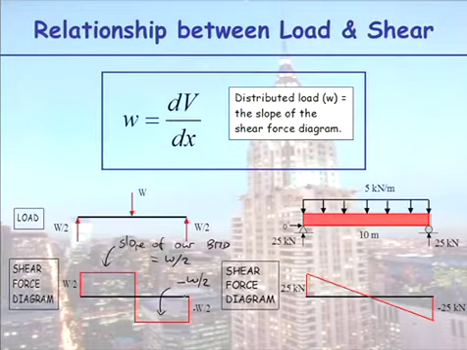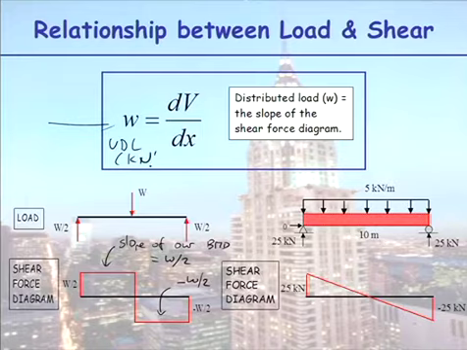Okay, so I think where I left it, I very quickly showed you the relationship between load and shear, that there was also this relationship, that the slope of the shear force diagram is equal to W, W being our uniformly distributed load if we have one.